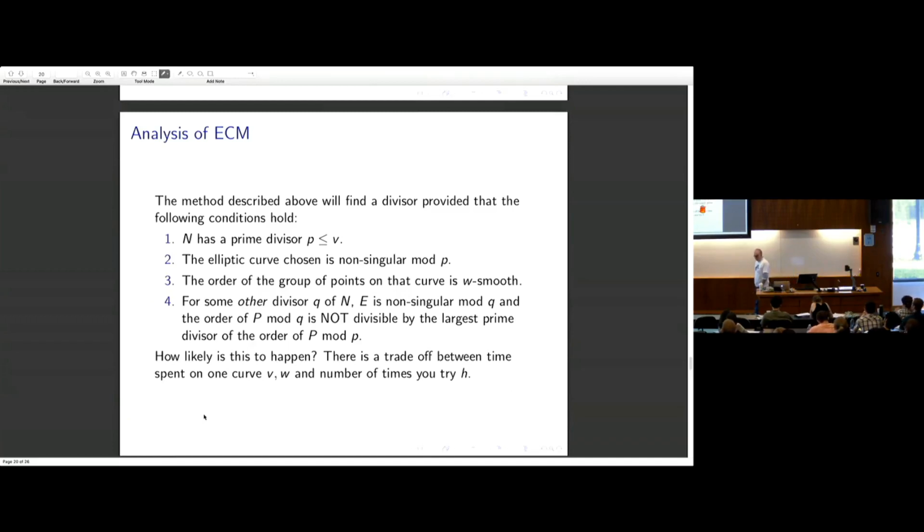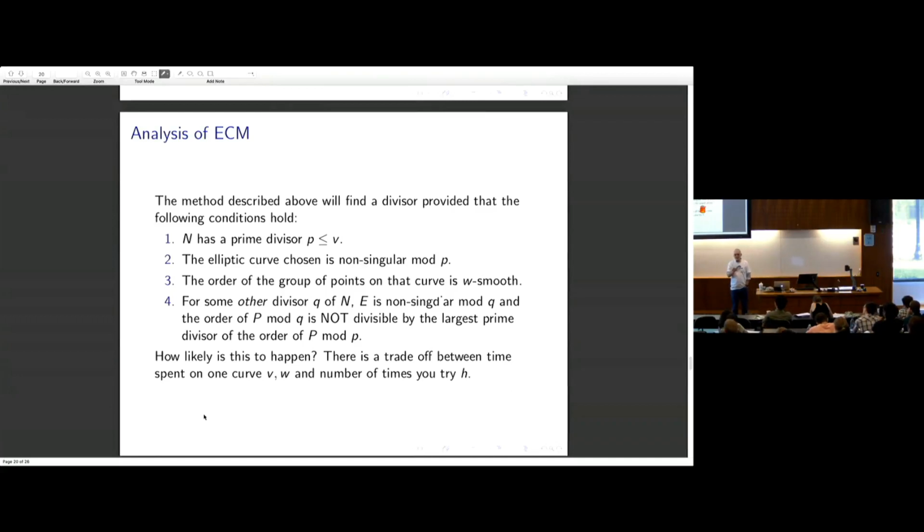And then, if this is going to work, you need to know that for another divisor of n, different from the one you're looking for, the order of the group is not divisible by this k.